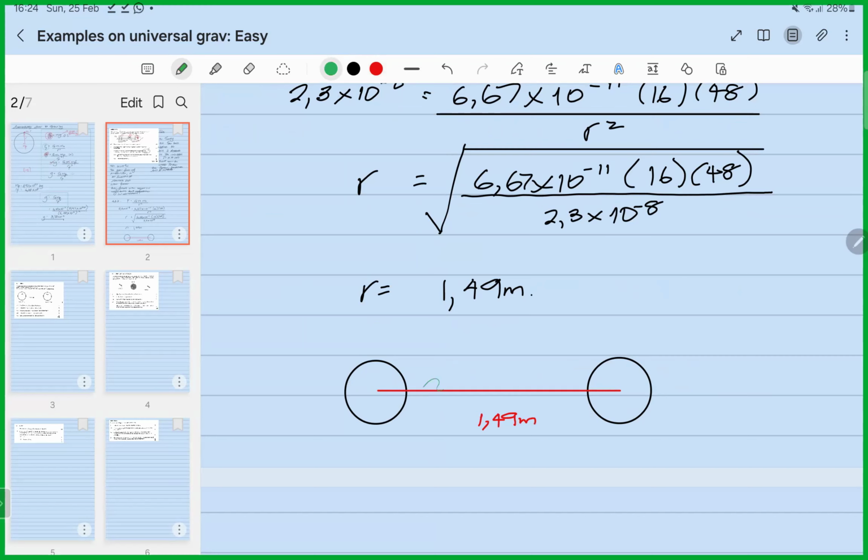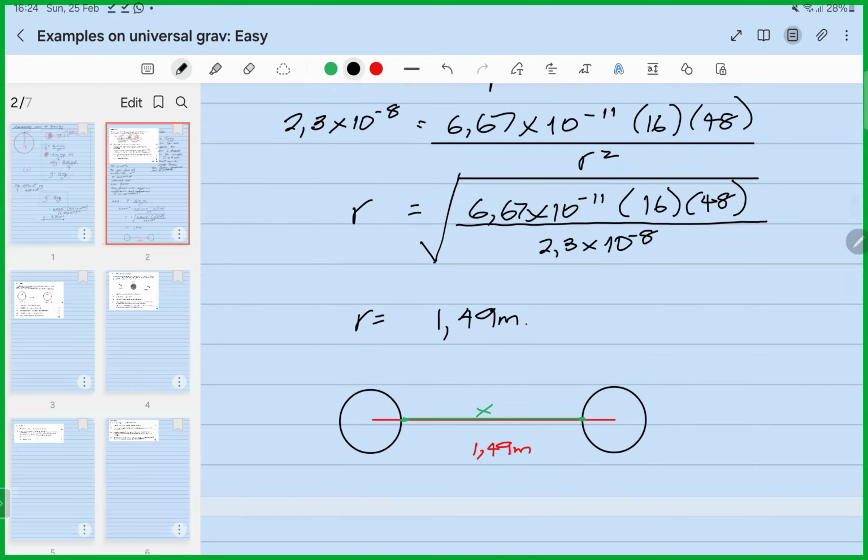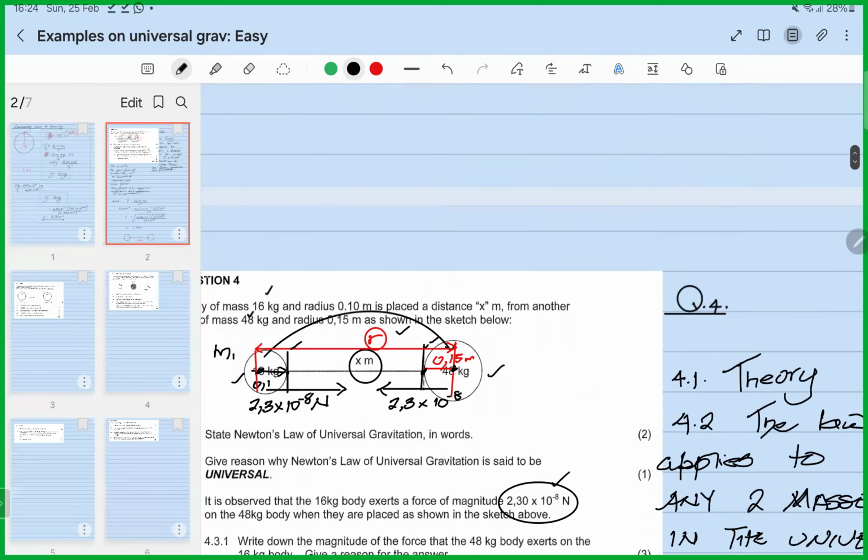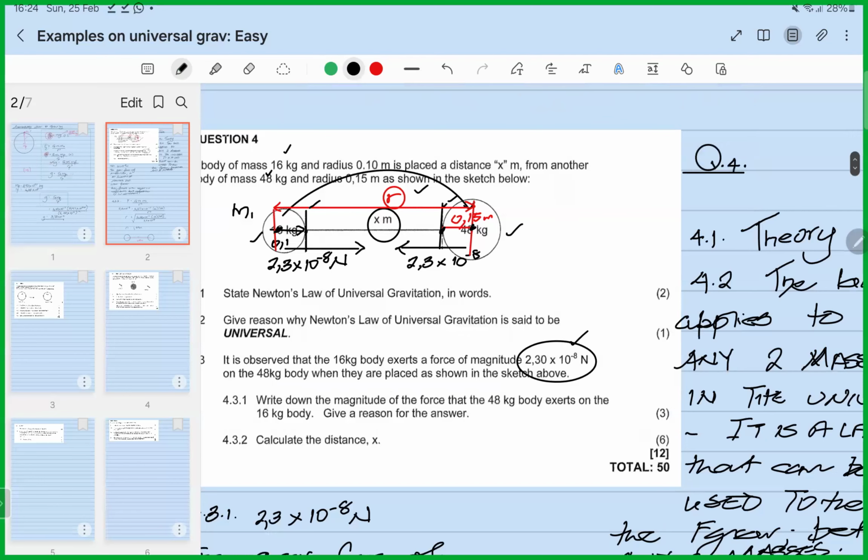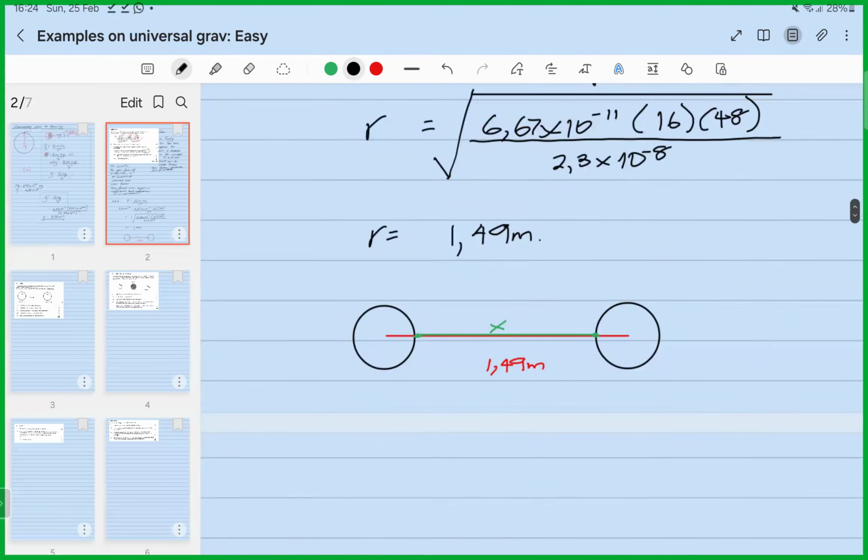The question asked you to find this distance in green now, which I'm going to highlight there, between the two masses. That's x. So what you need to do, you need to subtract the two radii from the total distance, which is 1.49. And the radii is where? 0.1 and 0.15.